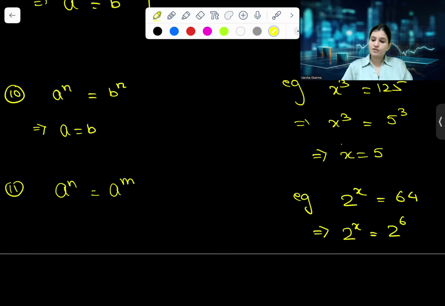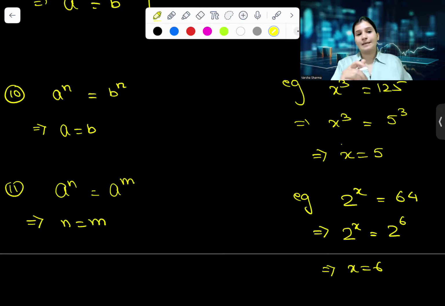So what will I get now if I compare? x is equal to 6. That is what the property says. Bases are already same, so the powers, the exponents also have to be same. Clear?